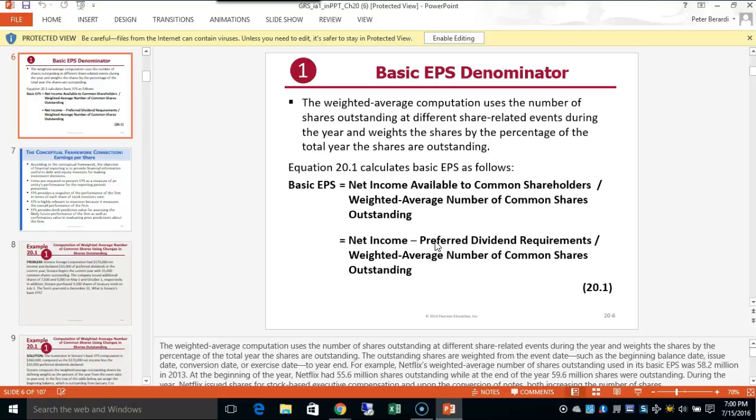So your basic earnings per share calculation numerator is net income minus preferred dividend requirements. Keep in mind, it's preferred dividend requirements. Even if the firm does not declare a dividend for preferred shareholders, you still have to calculate the preferred dividend requirement as if it were declaring a dividend and subtract that from net income.